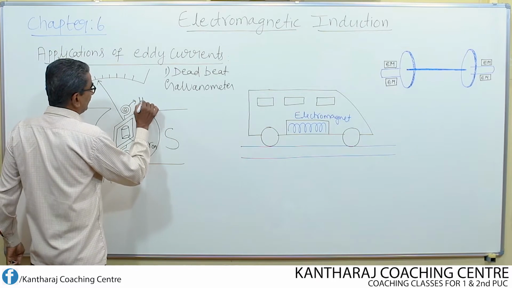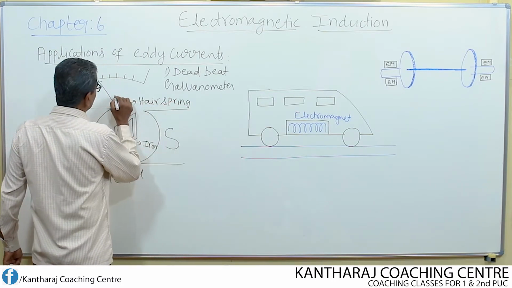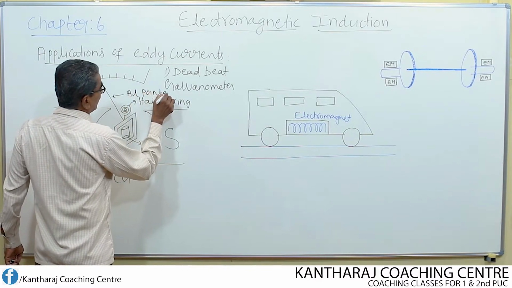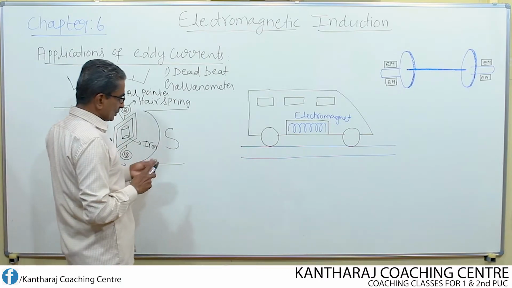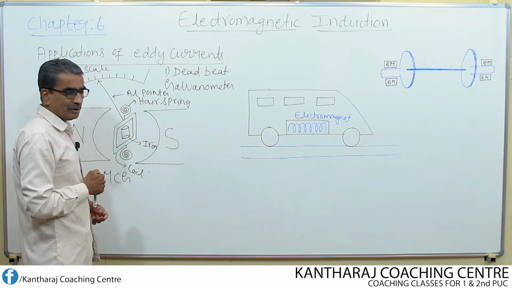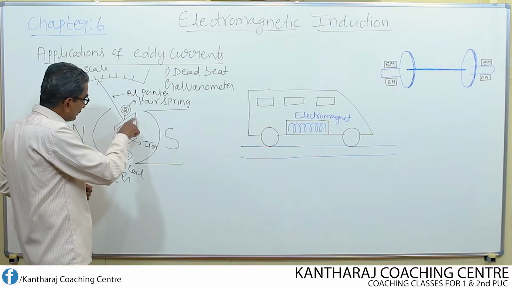and this is the spiral air spring, and this is the aluminum pointer, and this is the scale which is used to measure the amount of current that flows through the coil of the galvanometer. Now what happens when we pass the current through the coil?